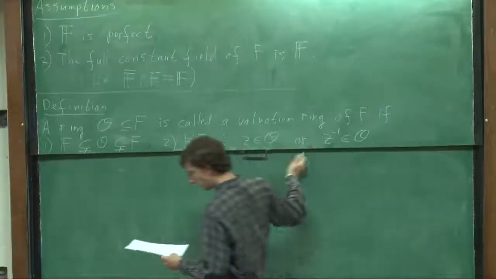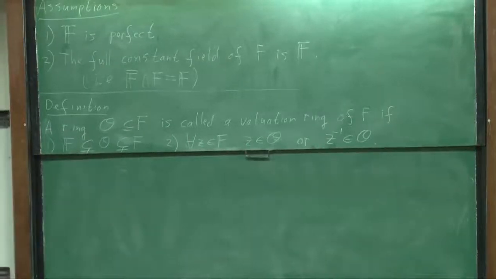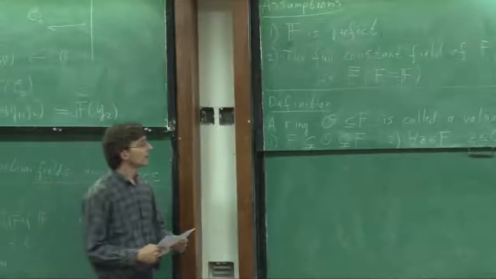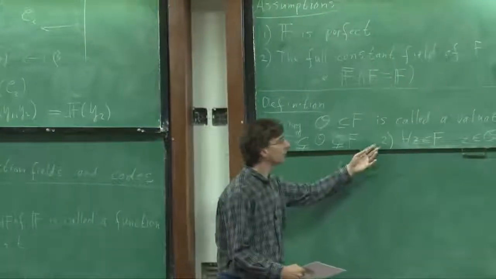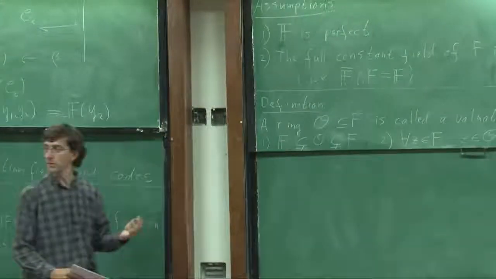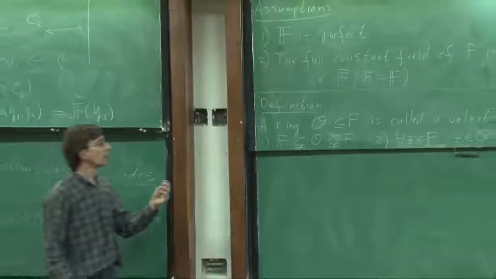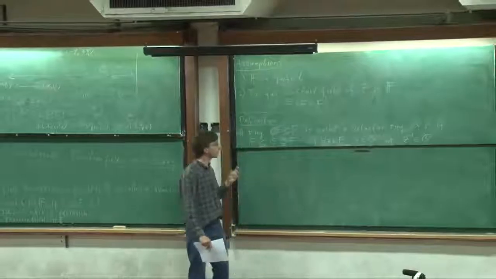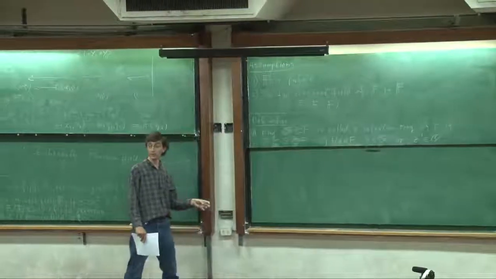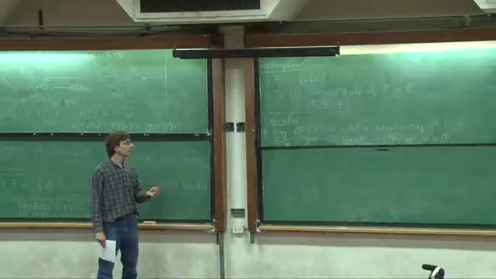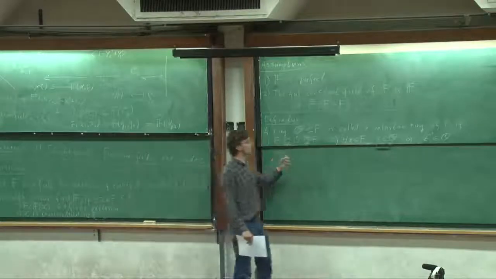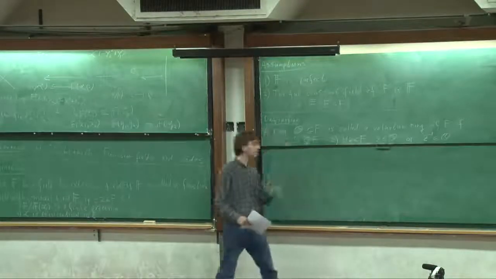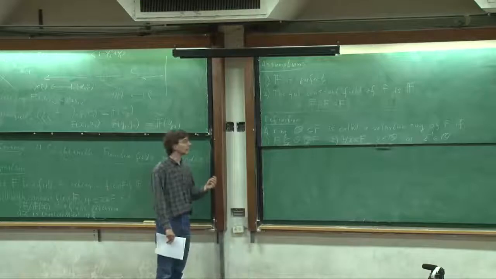Now this seems to be coming out of the blue, but in fact we have to remember, what are we trying to do? We want to capture points. You have to think that we try to describe points by describing exactly the functions defined in a point. If you know all the functions that are defined in a point, this will turn out to be the right object to look at.